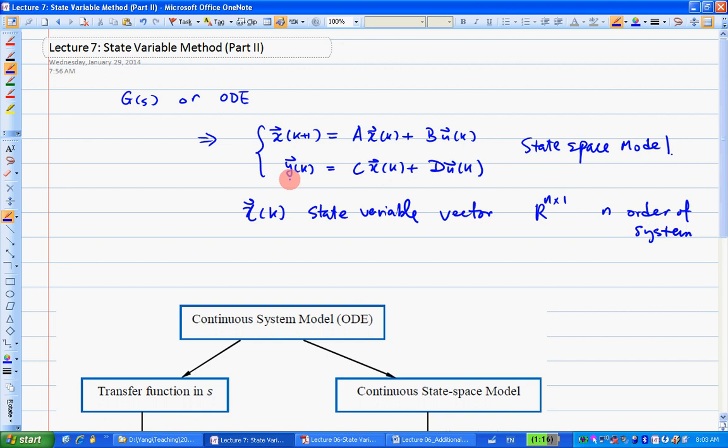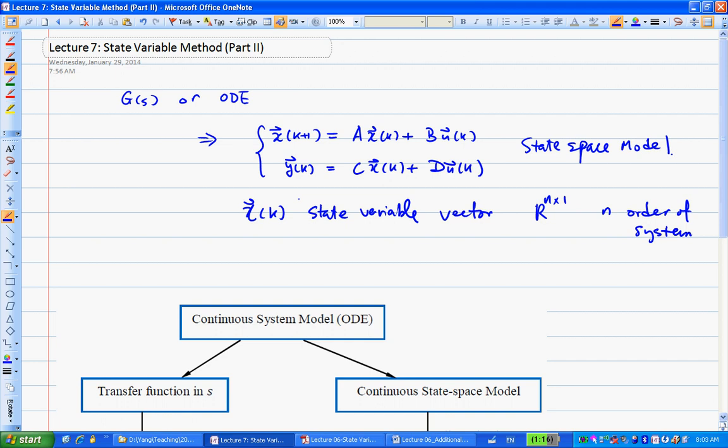The output is related to the state by a matrix C here, and maybe you could also have a D, but usually D is 0. When you have a forward term, then you have a D. So this is the state space model.